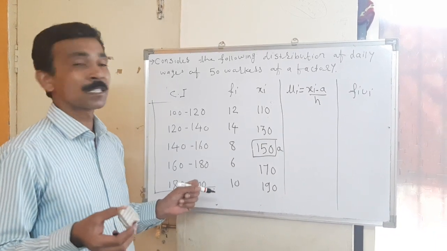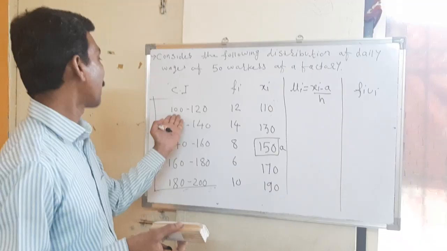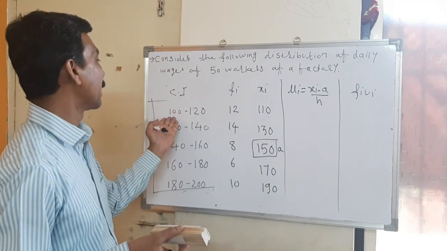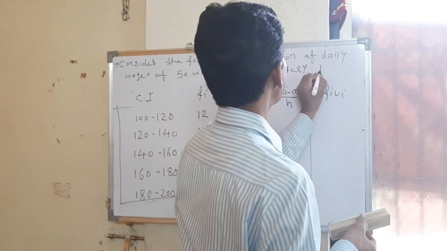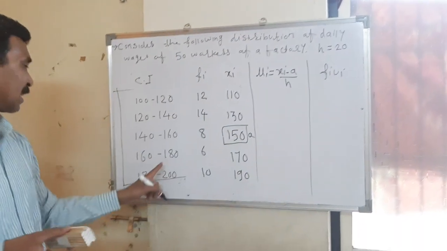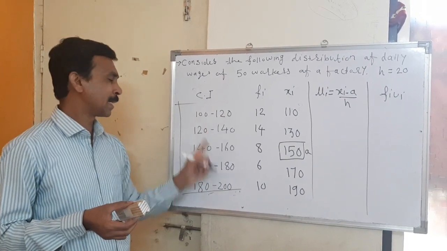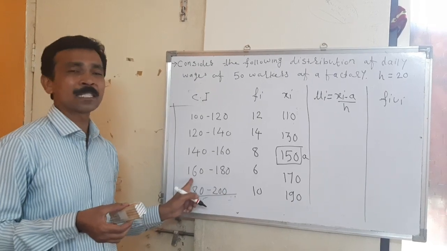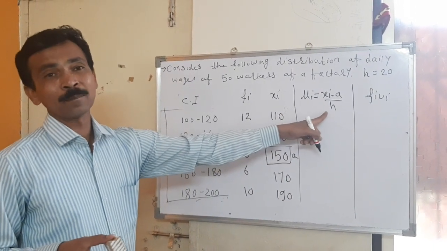Height is 120 minus 100, which is 20. Even if you take 180 minus 160, height is the same.